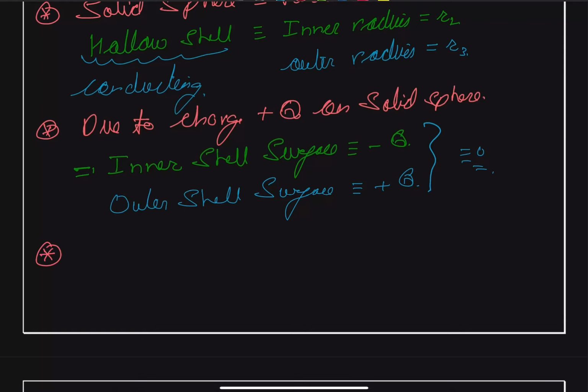Initial potential difference, which we are given as V. First of all, we are going to find the potential at the surface of the solid sphere due to all charges. Similarly, we are going to find the potential at the outer surface of the shell due to all charges, because the potential difference is given only between the outer surface and the solid sphere.